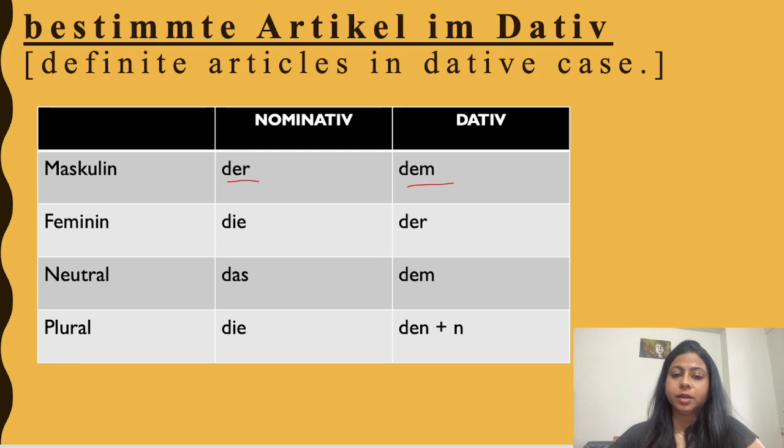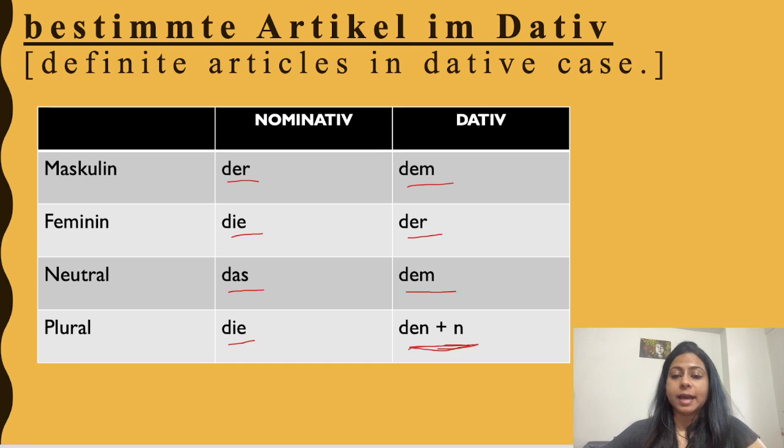In feminine, the article in nominative is die. In dative, it changes to der. In neutral, the article is das. It changes to dem. Plural, the article is die. It changes to den plus n in dative. As we just saw, Kindern, den Kindern.